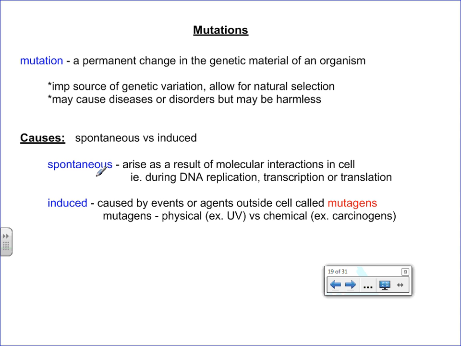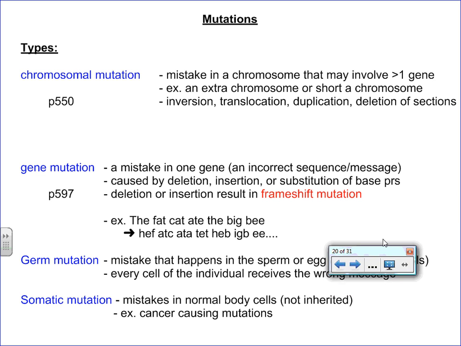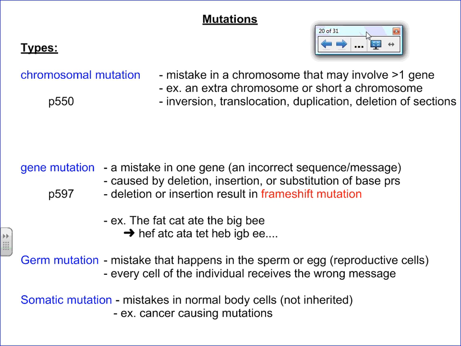So we have things like viruses or bacteria or things like that that can cause mutations to arise as well. We don't have to know a whole lot about them.